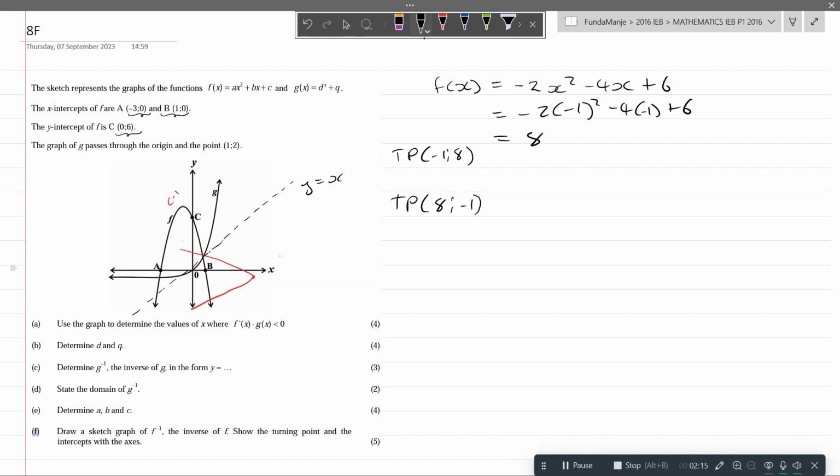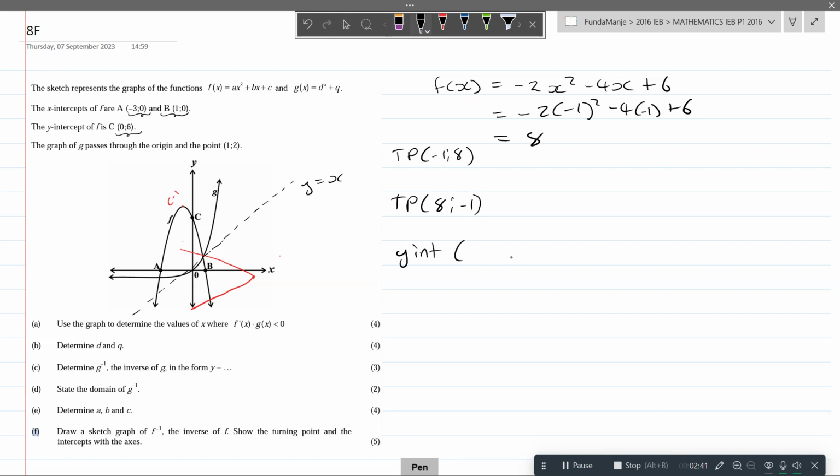So it's going to intercept here. The y-intercept is going to be, so let's just write it down. There are going to be two y-intercepts. There's going to be the one of (-3, 0), or (0, -3) since they're swapping.